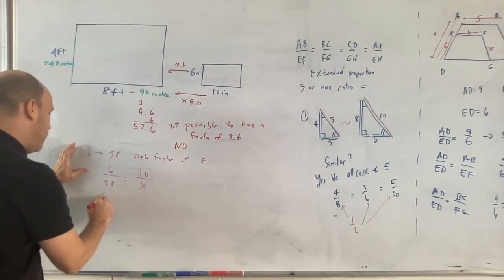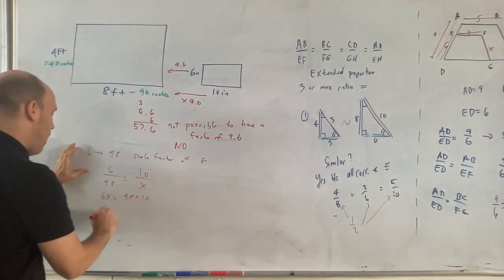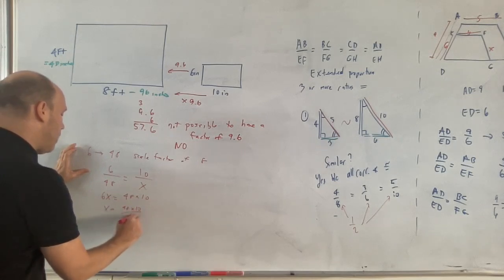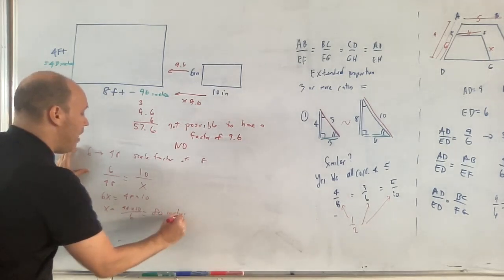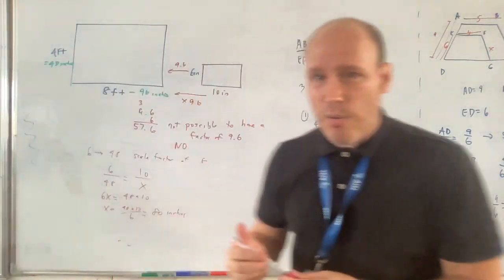So we have 6x equals 48 times 10. x is equal to 48 times 10 over 6, which is 80 inches. Is that okay? Yes, that we can do.